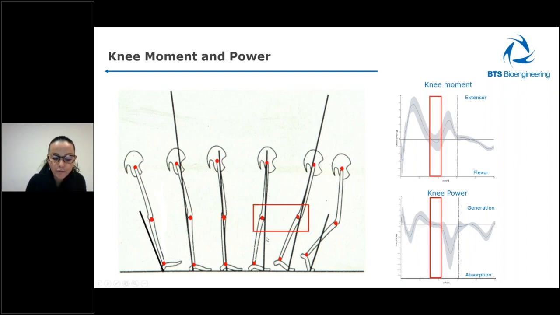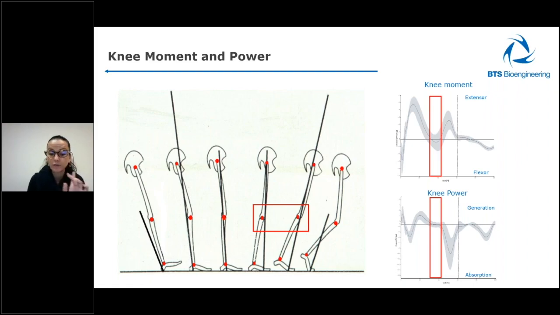When the ground reaction force passes in front of the knee center of rotation, the internal moment becomes flexor, with a very small power absorption. Why do we have power absorption?